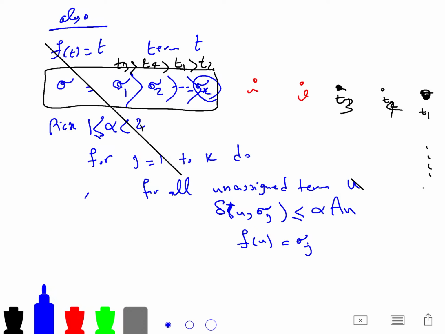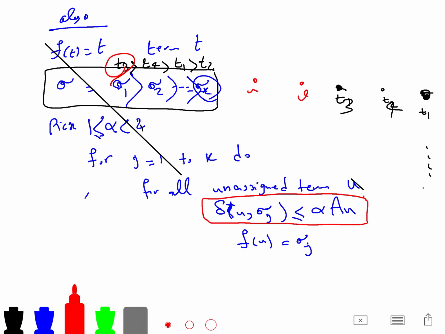First we say that T3 is in the first permutation. And then we check this condition.